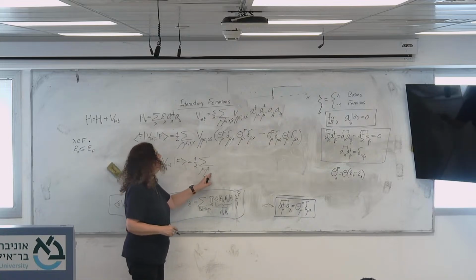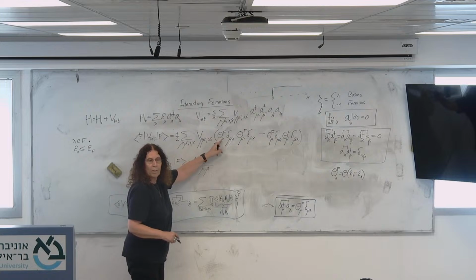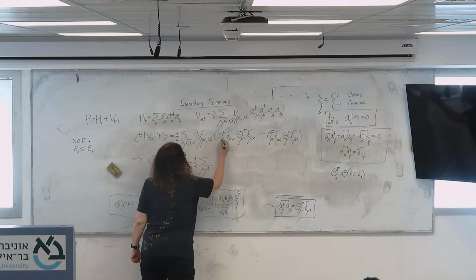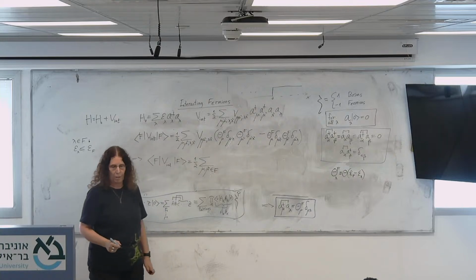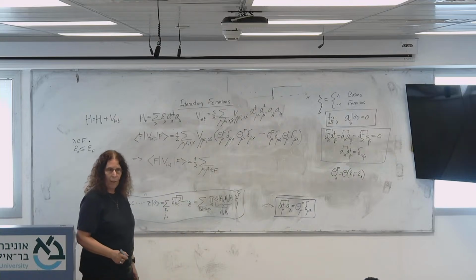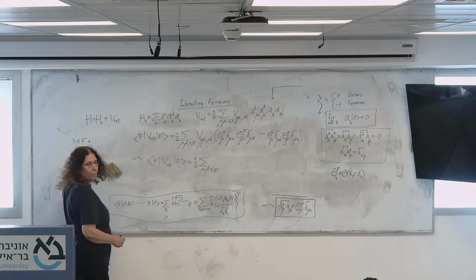Which are the mu and mu prime that will contribute something? Only the ones where the theta is non-zero, right? So these are all the mu and mu primes that belong to F, that are occupied states. Okay? And that's the definition.